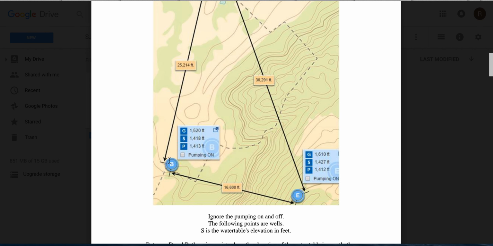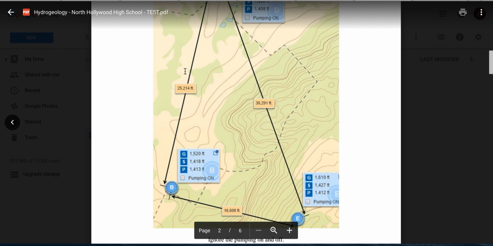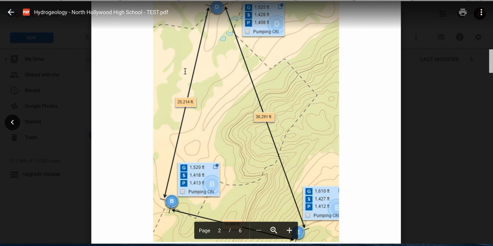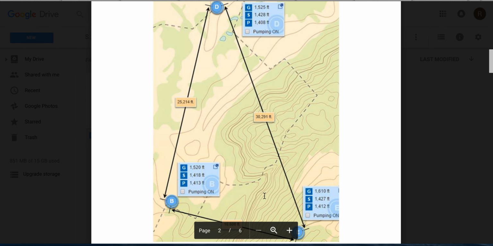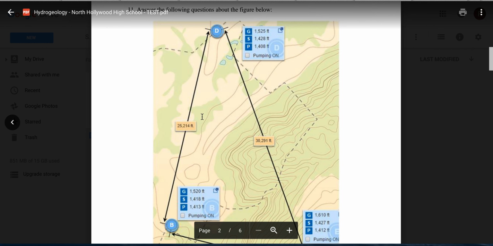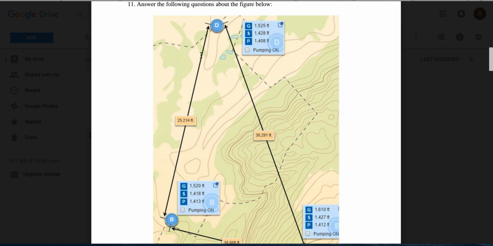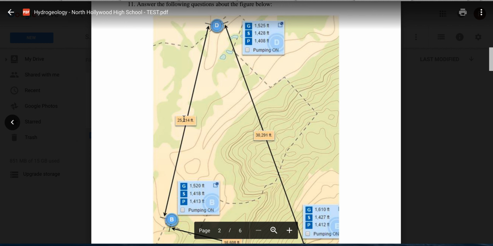Okay, so it'd be essentially this distance, and we know the elevation. If we subtract the elevation of B from the elevation of E, we'd get about 9 feet, and if we subtract the elevation of D, the difference between these 2 wells is 10 feet. And we know that the distance between B and D is 25,214 feet.